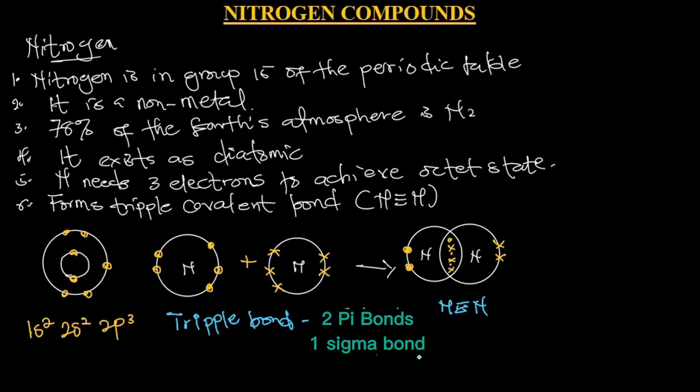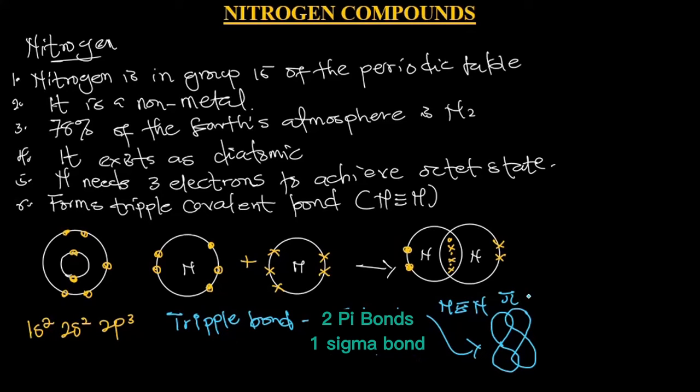So in order to do that, you draw 2p. So this is a pi bond. The p subshell is like a dumbbell, so you draw the first one, then you draw the second one sideways overlapping with the first one. So this results in a pi bond.